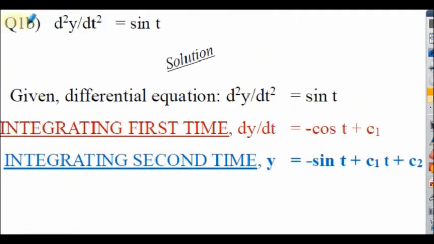So question 1b, here's the solution. We're given d2y by dt squared is equal to sine of t. So integrating, dy by dt is equal to negative cos t plus our constant of integration c1.